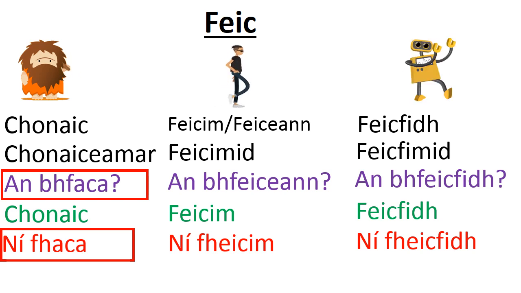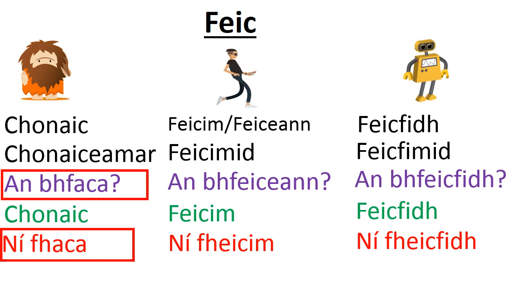And it has a h for a no. In the future, it doesn't have a separate me ending. It does have feicfimid for we, and again the urú and the séimhiú. All of that is what we would expect from what we've learned. The only big difference here is our past tense, which looks totally different because it's chonaic, and its question and its answer also look strange. So that's the main thing to concentrate on remembering there.